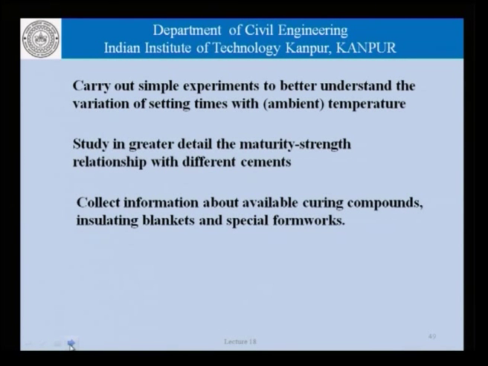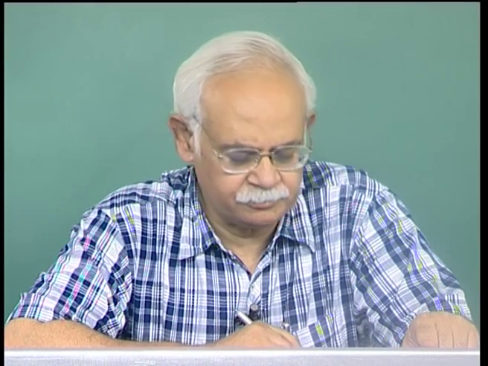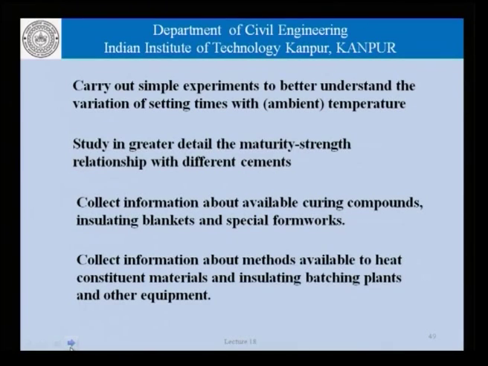We could collect information about the available curing compounds, insulating blankets and special formworks like the ones that we saw in the case of the column. We could collect information about the methods available for heating constituent materials and insulating batching plants and other equipment.